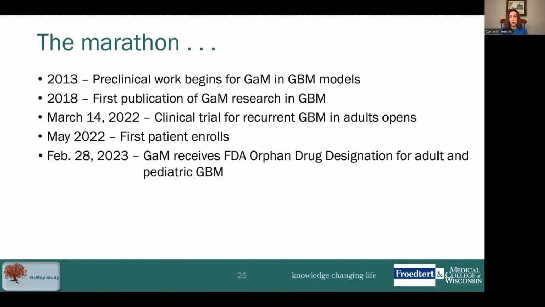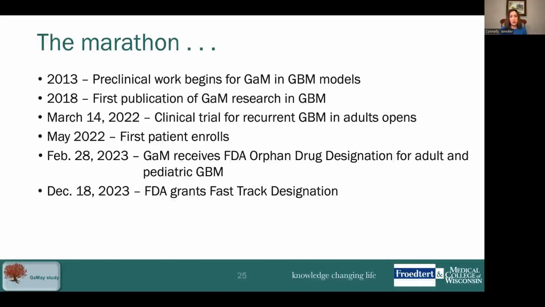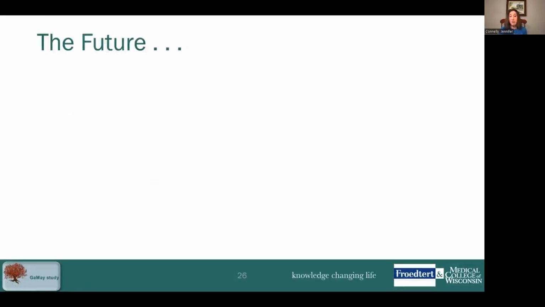Along the way, though, we've been continuing to push forward, even outside of just working on the phase 1 trial. Last February, we received FDA orphan drug designation for adult and pediatric glioblastoma. And then most recently, we received fast track designation in December of 2023. So we have much to do.